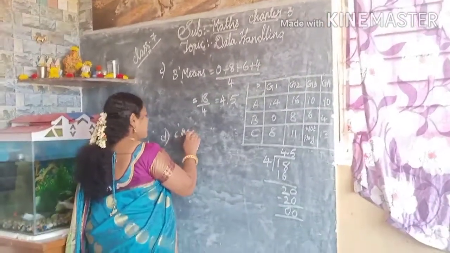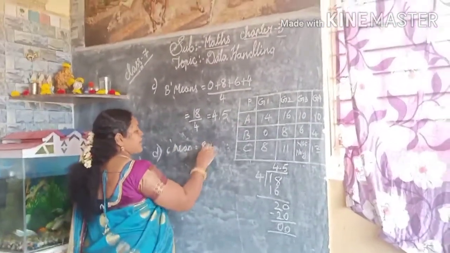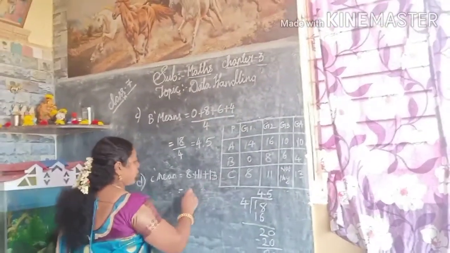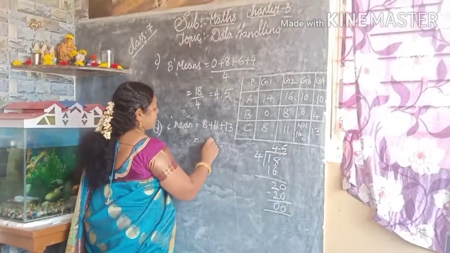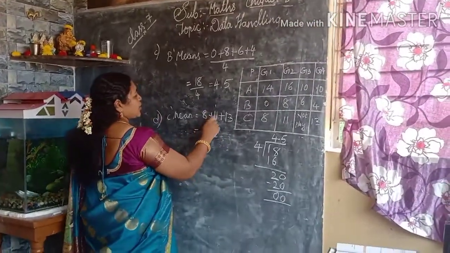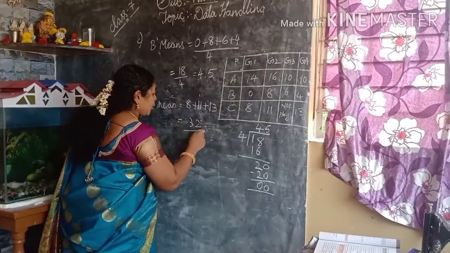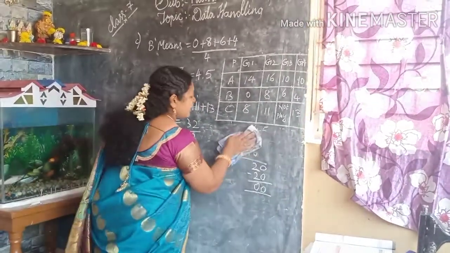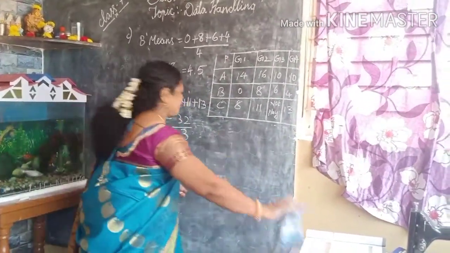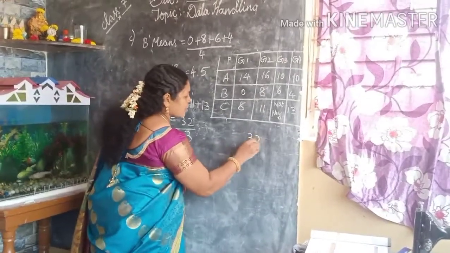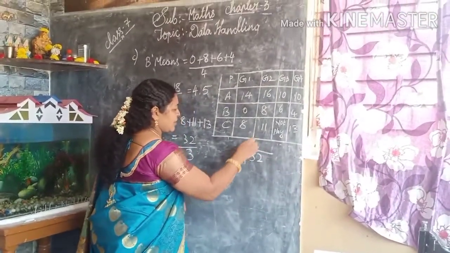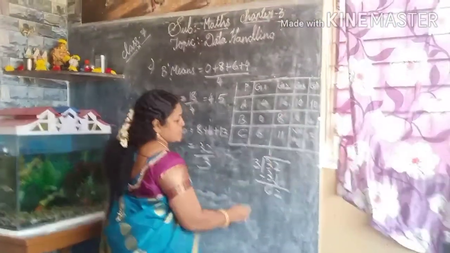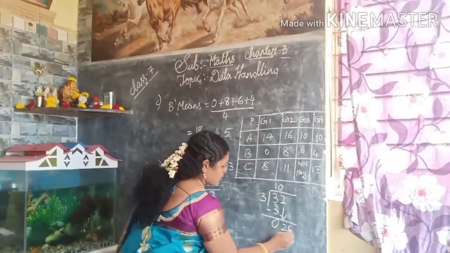So C's mean. When you say C's mean, it is 8 plus 11 plus 13. When you add, 3 plus 1, 4. 4 plus 8 is 12. 1 carry. 2 plus 1 is 3. So 32 by 3. We don't divide it by 4. So let us divide it here. 32 by 3. 3 ones are 3. 0 remainder. 2 doesn't go, isn't it? We write 0 and bring one more 0 here.